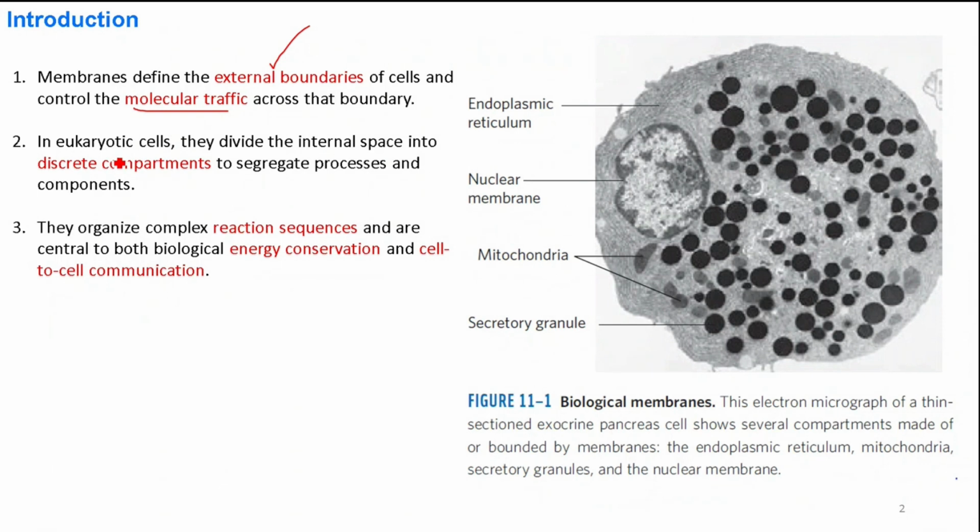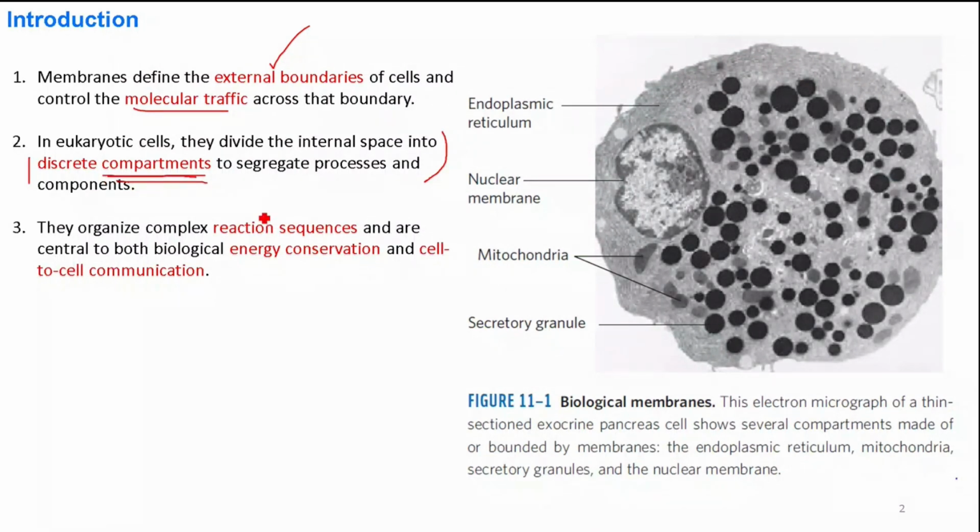In eukaryotic cells, they divide the internal space into discrete compartments. We know that in the eukaryotic cell, there are membrane-bound organelles, and they are all made from the membrane. That's why we need to study the membranes, to understand the function of all those compartments, all those organelles.